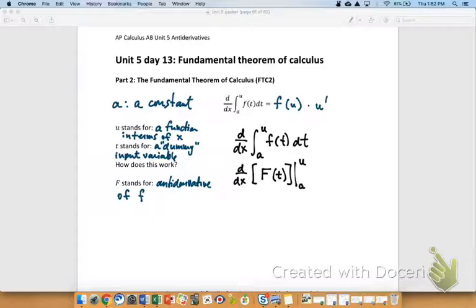Do you guys remember from yesterday, now once you found the antiderivative, what do you do with the u and the a? Plug them in and subtract. Okay? So this would be d dx, that still has not gone anywhere, of capital F of u minus capital F of a.